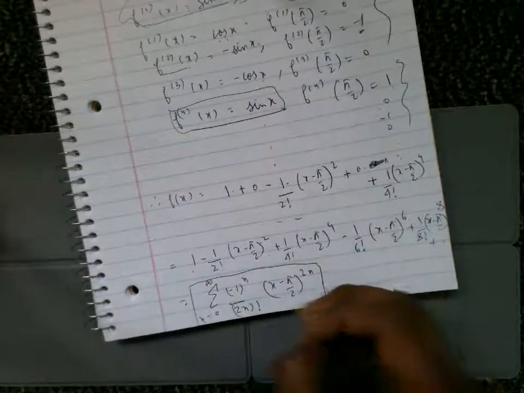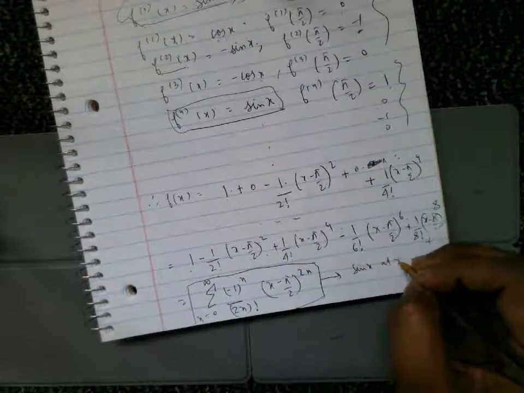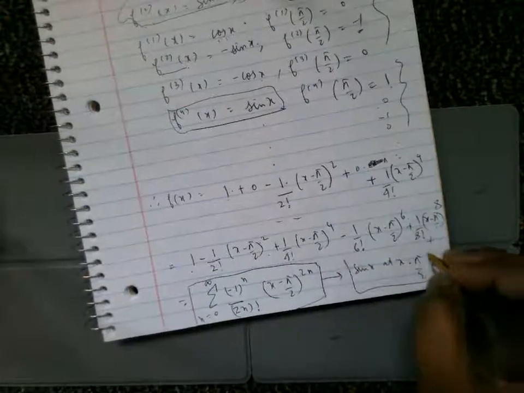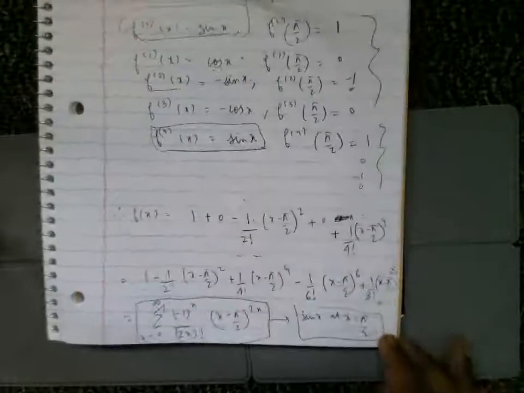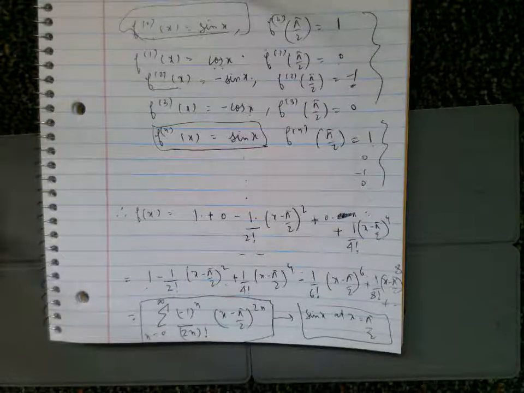So this is our Taylor series expansion for sin x at x is equal to pi by 2. So that is how you solve this.